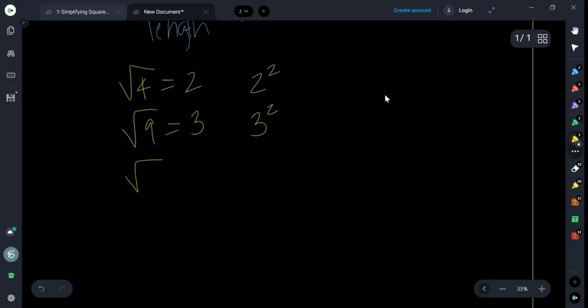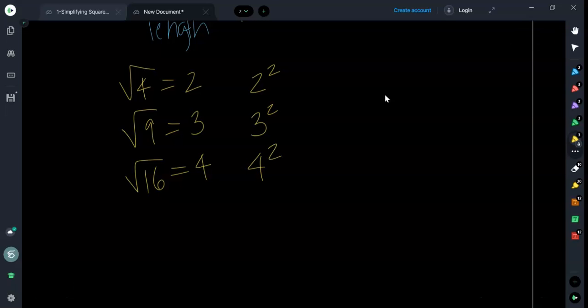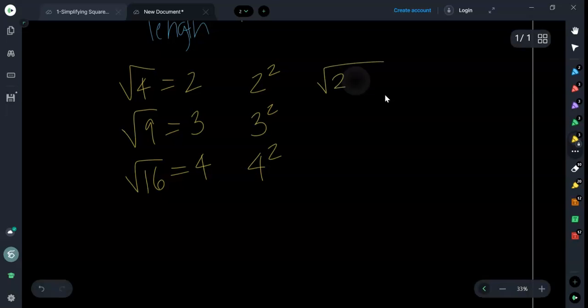The square root of 16 is 4. Why is that? Because 16 is 4 squared, and so on and so on. You're familiar with a bunch of square roots, but that's what they mean. And so technically, the square root of 4 is asking what's the square root of 2 times 2. The square root of 9 is asking what's the square root of 3 times 3.